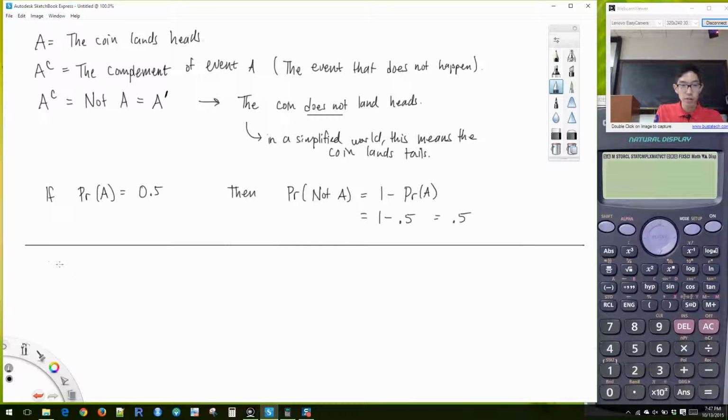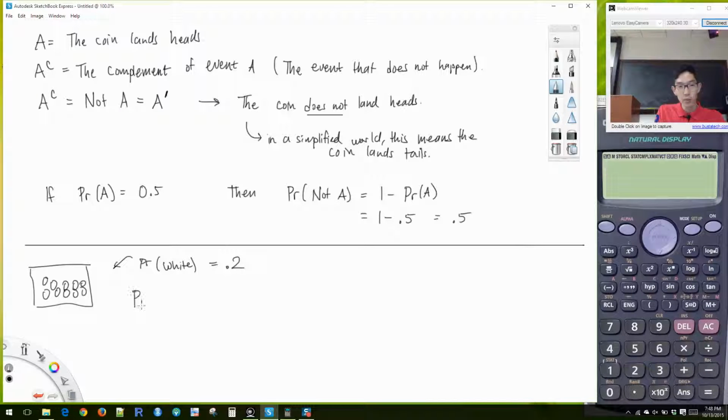So just to check your understanding, let's say we have some kind of bag here, and inside the bag we have different balls, and we'll say the probability of selecting something white is 0.2, okay?